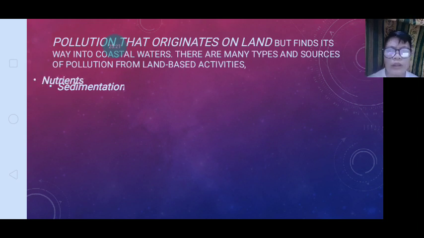Next, nutrients. Nutrients are nitrogen and phosphorus from agricultural and residential fertilizer use, sewage discharge, including wastewater treatment plants and septic systems, and animal waste. Nutrients are generally recognized as beneficial for marine ecosystems.